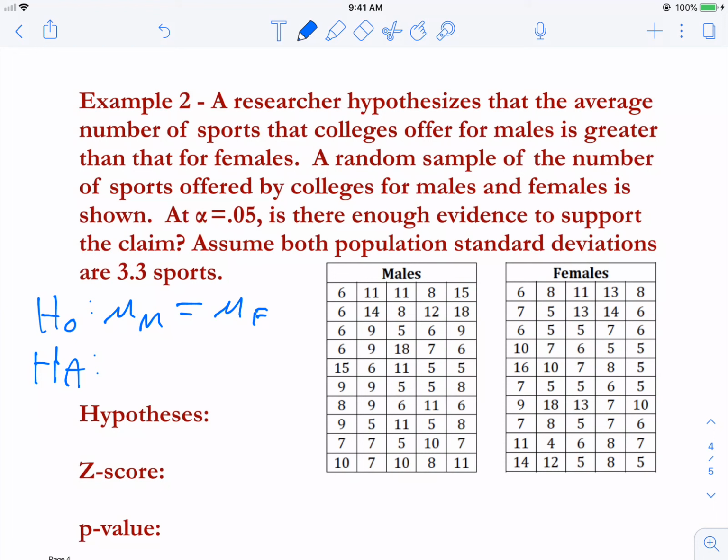The researcher hypothesizes that the number of sports that colleges offer for males is greater than that for females. So this wording indicates that our alternative hypothesis is that the male value is greater than the female value. So this is a one-sided alternative hypothesis.